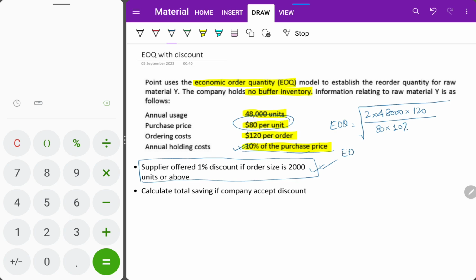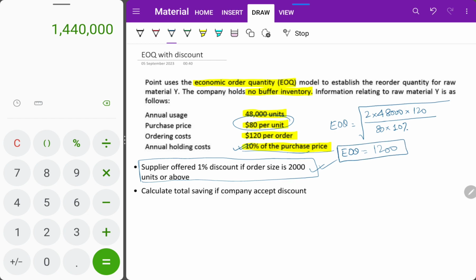So if you calculate it, it's 144,000. And if you take the root of this figure, the root of 144 is equal to 12. So EOQ will be equal to 1200, right?